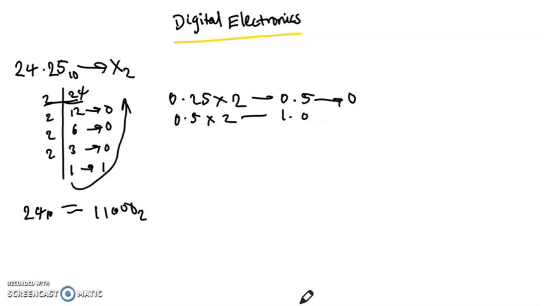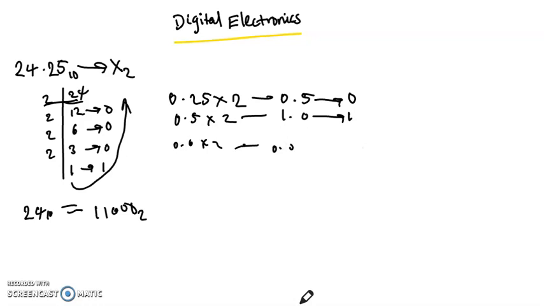So we take this 1, and we are left with 0. If you go down, 0.0 multiplied by 2 will still give you 0.0. So we simply stop here.